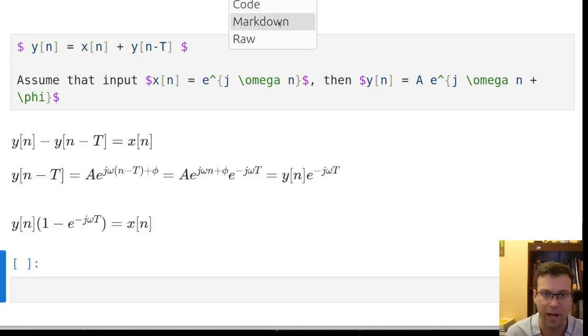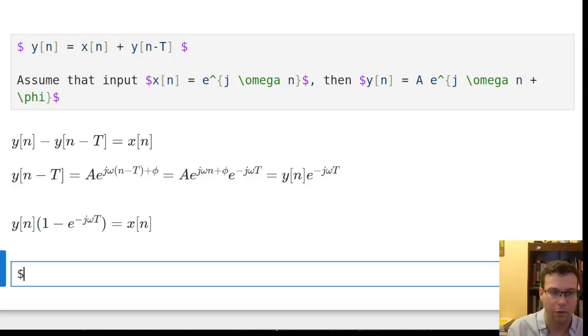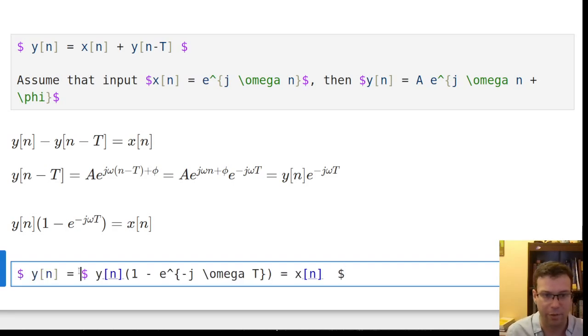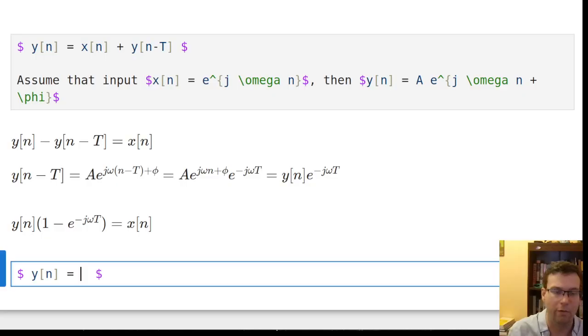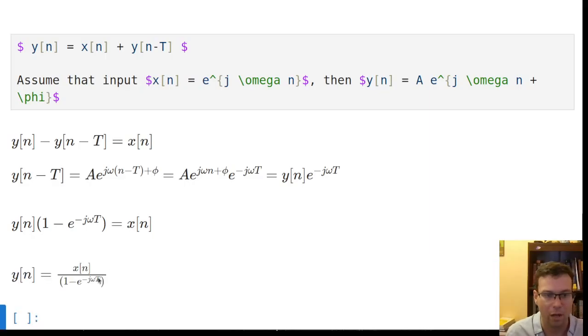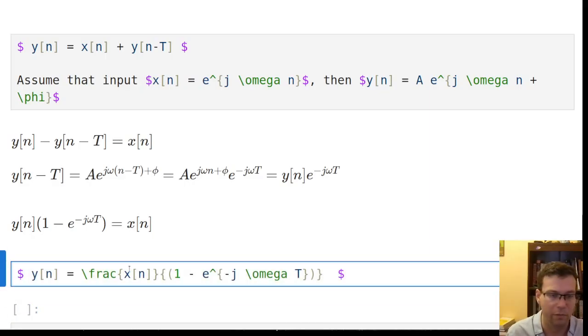But now what's going to happen is this is going to show up in the denominator. So if I solve for y now, I've got x of n on the right hand side of the equation, but in the denominator, I've got this 1 minus e to the negative j omega t.